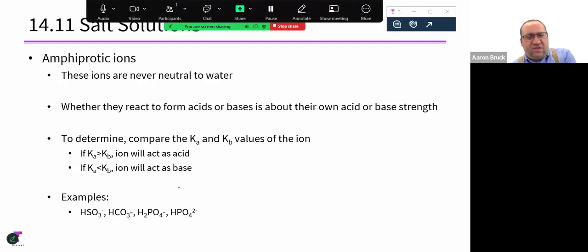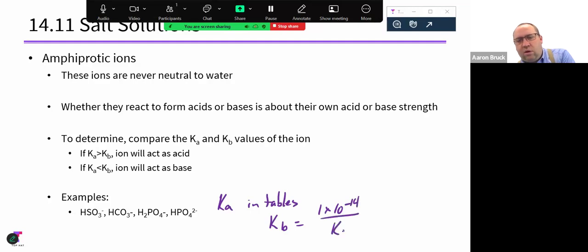And so most of these have a reported Ka value. To find the Kb value for them, you take that Ka and you divide it into Kw.